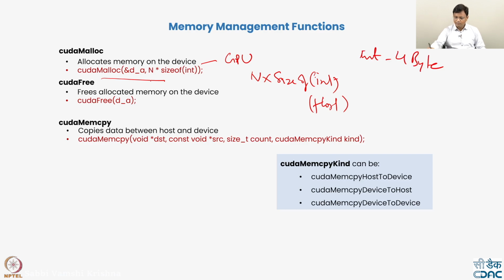Suppose my value of n is 10, then how much space should I reserve? 10 times 4, 40 bytes of space should be allocated for this variable. If n changes, the size of the space allocated for the variable is increased or decreased, vice versa.